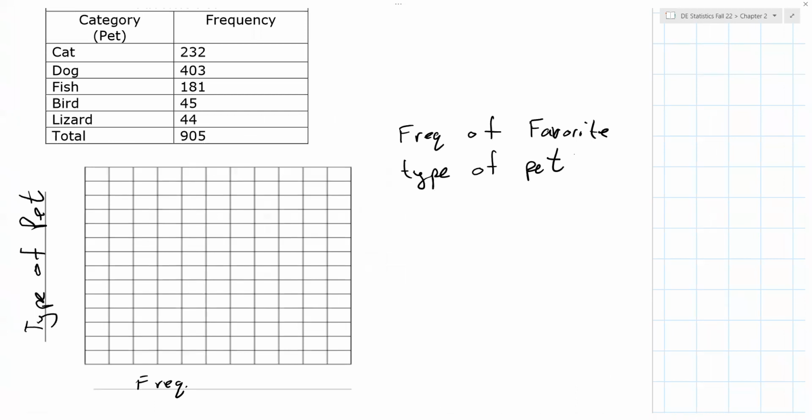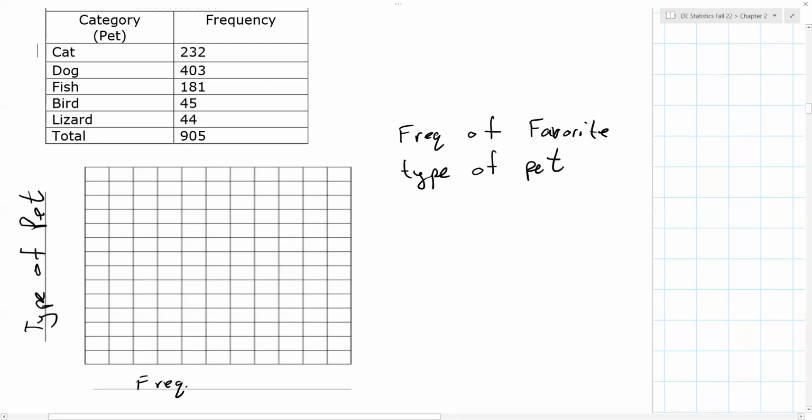All right, then we have to come up with all of our different categories. We have 5 different options. I believe I can make each category 2.